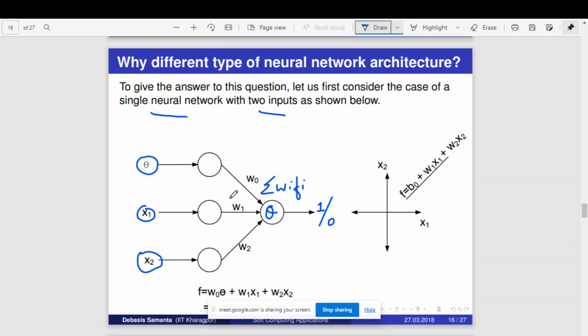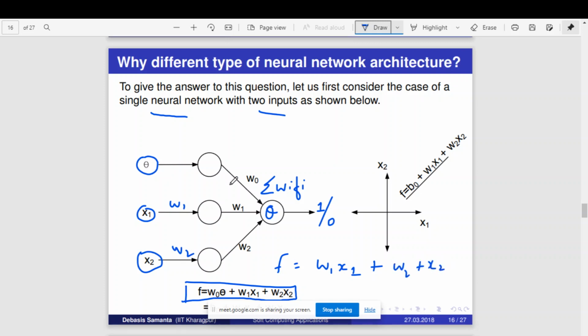Now whatever operation is happening here can be represented through this equation. F is equal to W1 x1 plus W2 x2, where x1 is the first input, W1 is the weight connected with the first input, x2 is the second input, and W2 is the weight connected with the second input.